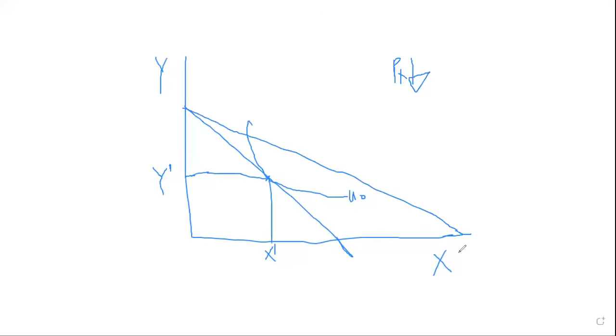If the price of X falls, more of X will be consumed. And since X and Y are complements, more of Y will also be consumed. So we have to draw it in such a way that the new indifference curve shows that both the consumption of X and the consumption of Y have gone up.